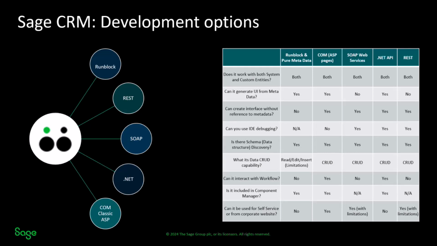So it expands the range of tools which allows integrations to be developed. It is just one of the choices that we have for extending Sage CRM. So you can see here that the .NET API has to be considered as part of the range of options that we have for developing the interface. It's very similar in its scope and behavior to the classic COM API.